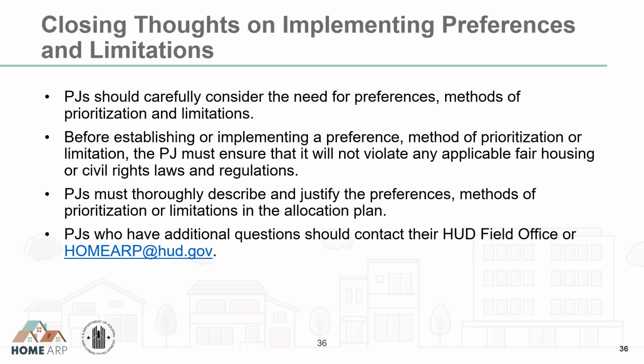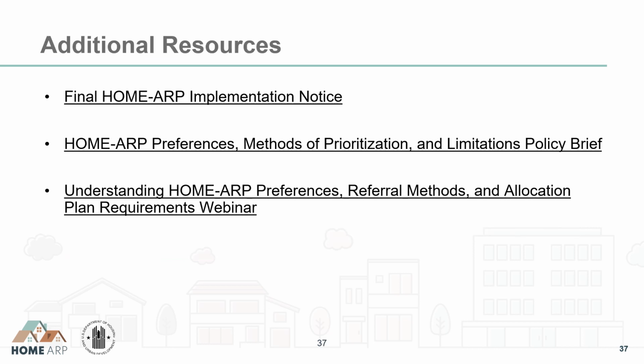PJs must thoroughly describe and justify preferences, methods of prioritization, or limitations in the allocation plan. PJs who have additional questions should contact their HUD field office or HOME-ARP at HUD.gov. The resources on this slide may be helpful to refer to for further details and guidance on the implementation of preferences or limitations.